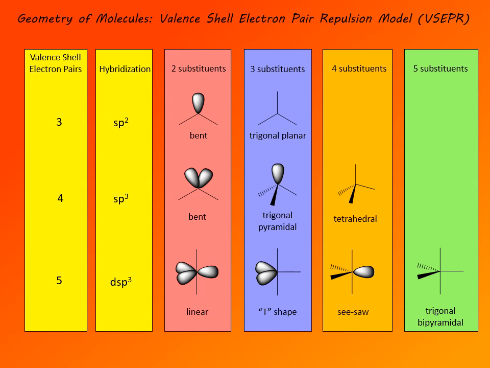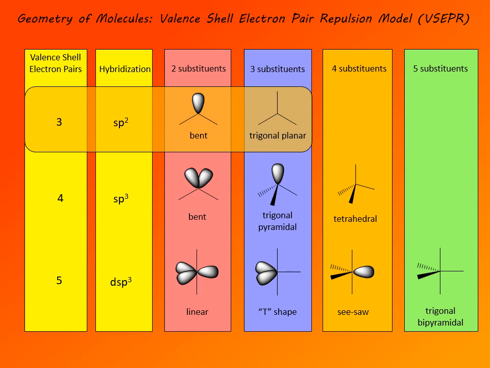You may want to review it, so you may want to look up your general chemistry textbook and remind yourself of this method. So geometries of small molecules with up to 5 substituents on the central atom are shown in this table. So we are looking at number of valence shell electron pairs, then what is the hybridization that corresponds to it, which is how we are determining geometry, and then from the number of substituents we can determine geometry of the molecule.